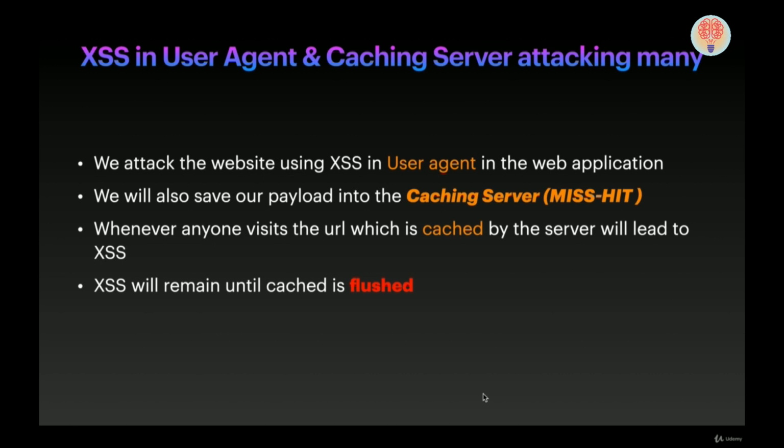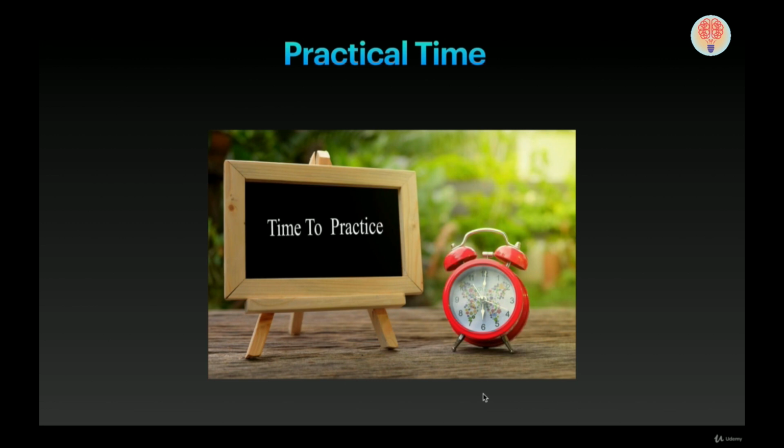The XSS will remain in the caching server until the cache is flushed. So practical time, and let's see how we can perform this attack in the user agent and poison the cache.